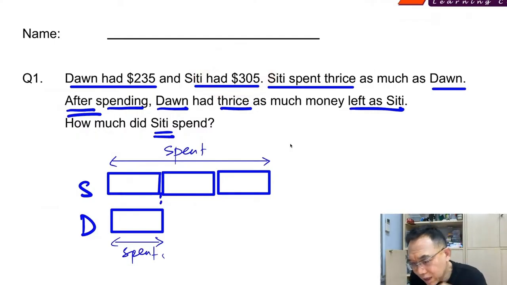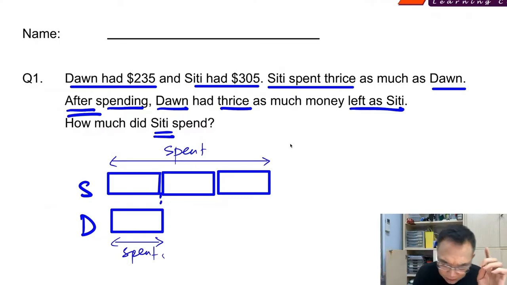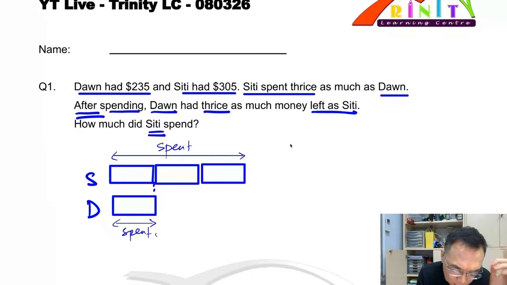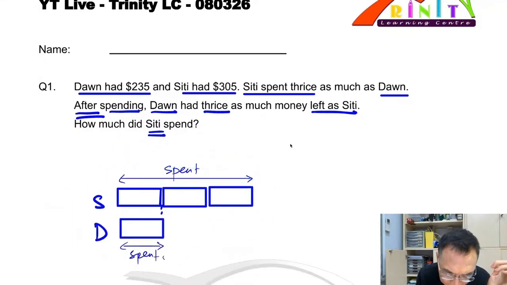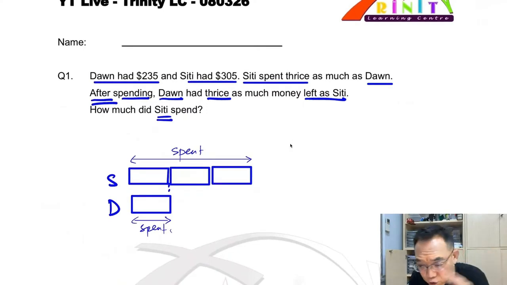So based on that, can you tell me, use your logic, do you think each box of the left should be smaller or bigger than each box of the spent? Listen, in the end, Siti's model must be longer. The overall model for Siti must be longer than Dawn. What I have not drawn is the left part of the model.